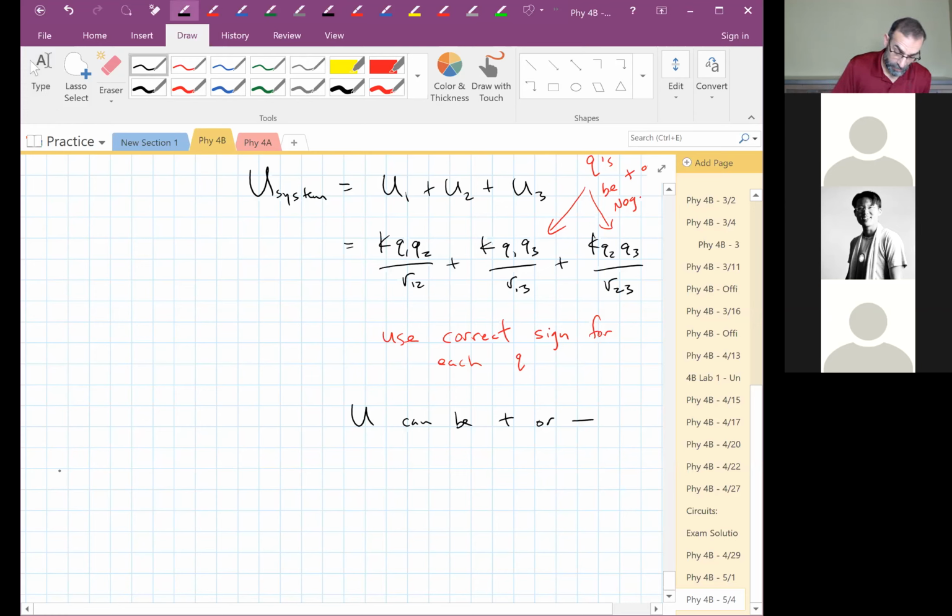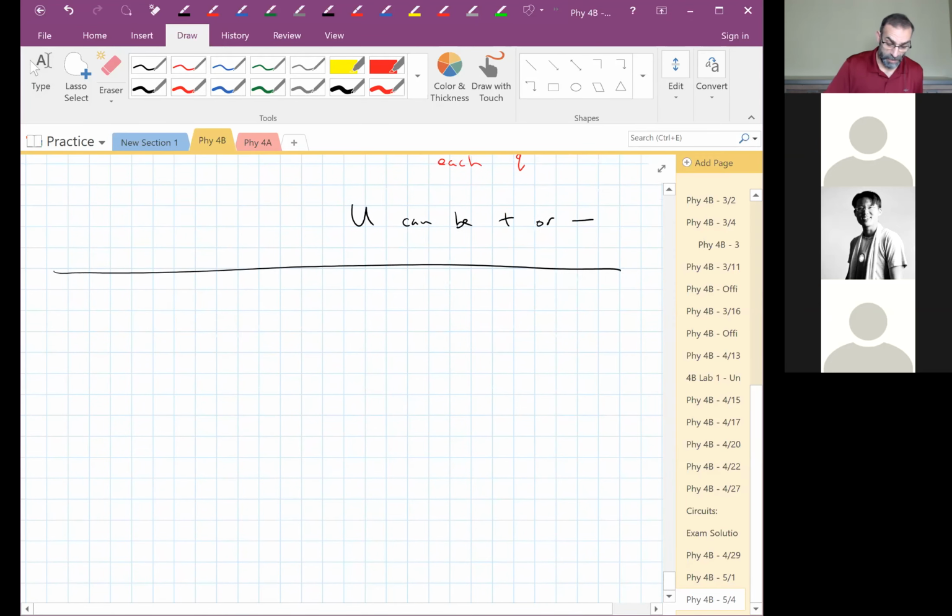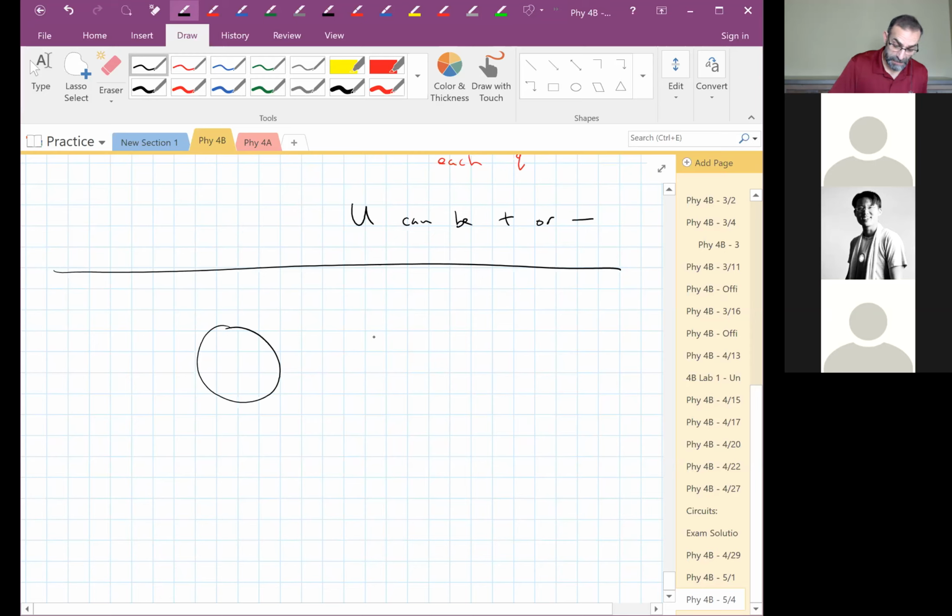Okay, and the one other thing we do with electric potential, we talked about several times. I mentioned that, in, I think one of the first days of class, what did we do? We took two conductors and we said this one had plus 4 of charge, and this one had minus 2, and we touched them together.